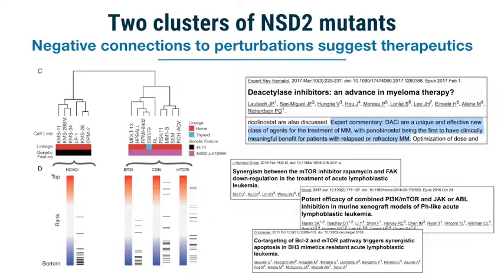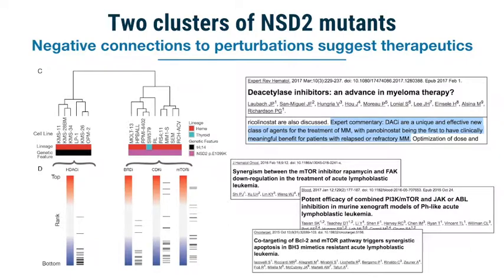So you can see that the 2 types clustered to themselves. But then if you look at the connections of those cell lines to the compounds, and now we're looking at the bottom of the list, we see some interesting things.